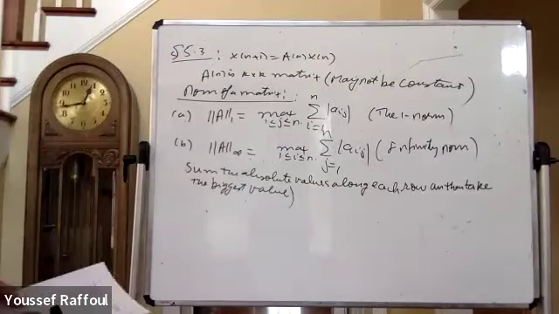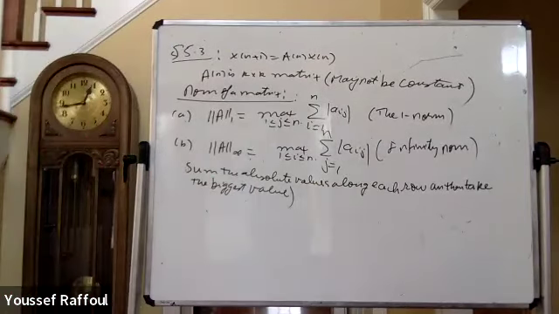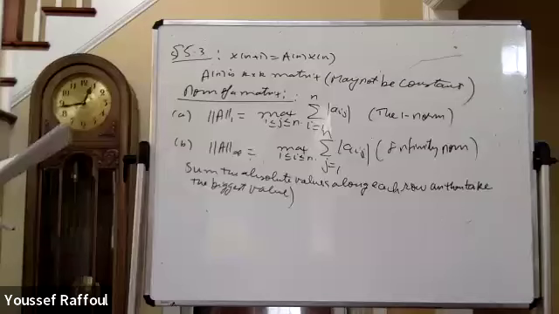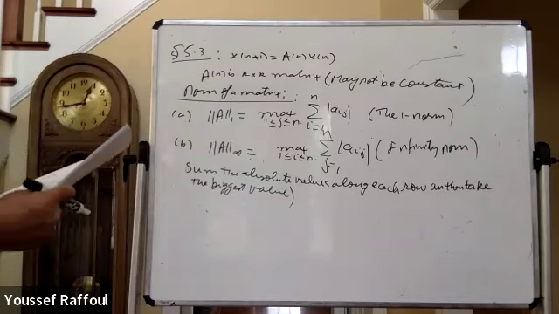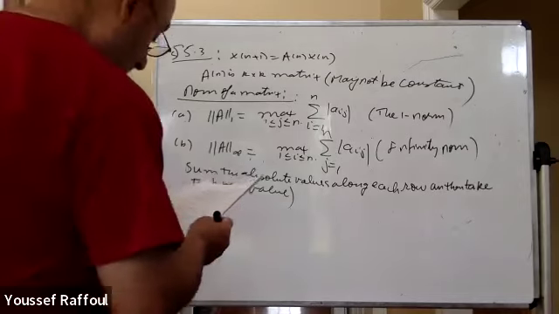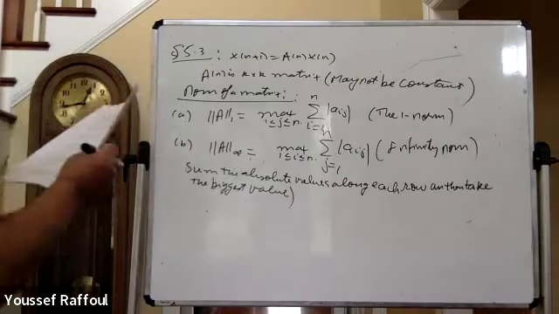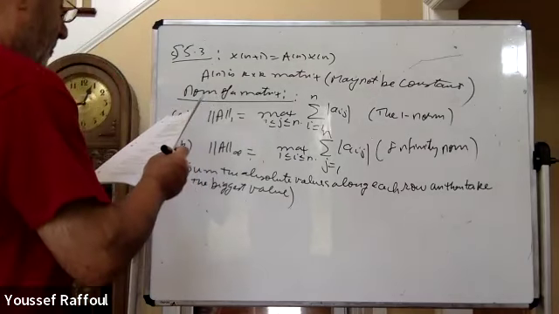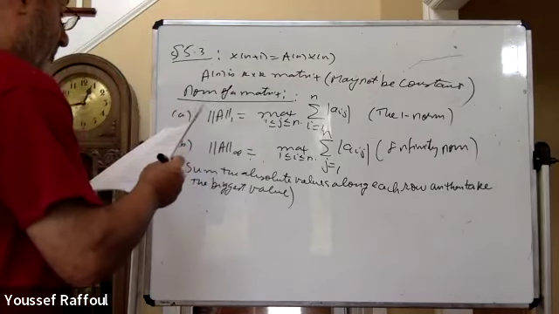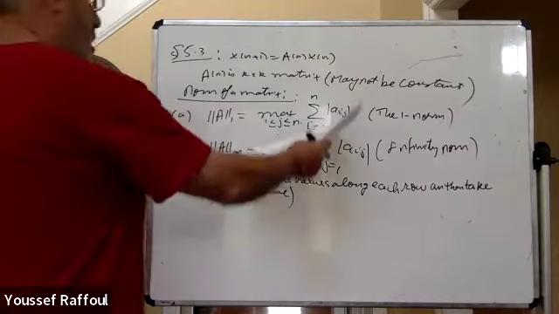Okay? All right. So this is over the column. This is the row.